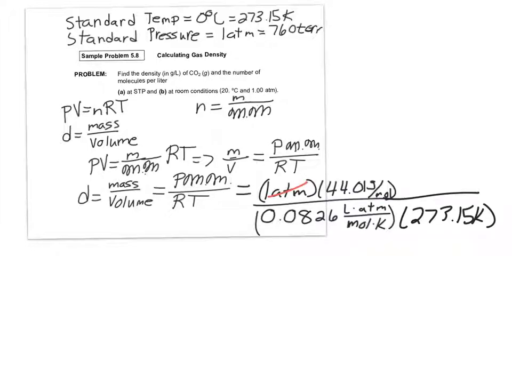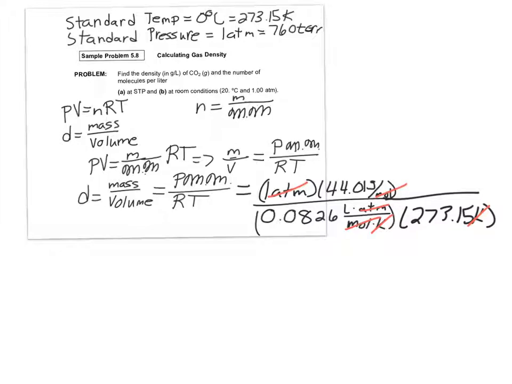All right, so let's check our units first. Got atmospheres in the top divided by atmospheres in the bottom. Now I've got per mole, and I've got Kelvin in the bottom of the units for R and Kelvin right there. They're going to cancel. And I'm going to be left, check it out, with grams and liters. So grams in the top, liters in the bottom, which are the units for density, mass divided by volume.